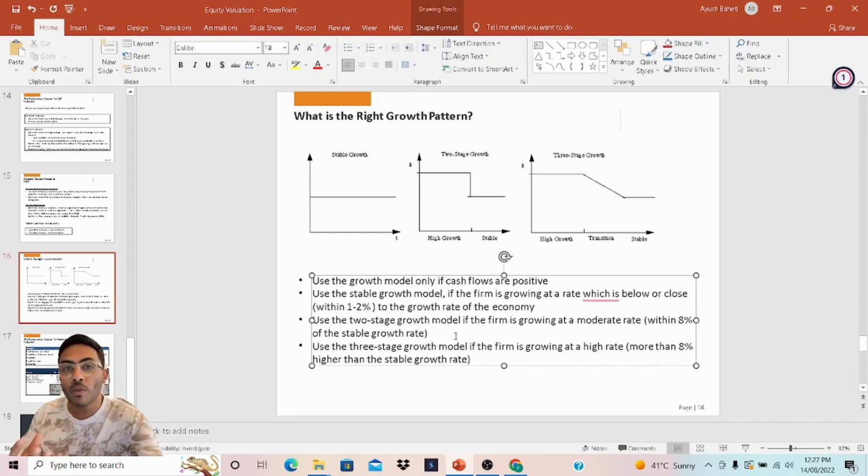You can use this model for companies which can be classified as mid-cap companies. And use the three-stage growth model if the firm is growing at a higher rate, more than 8% higher than the stable growth rate. You can use this for companies which can be classified as small cap companies, or even for startups.